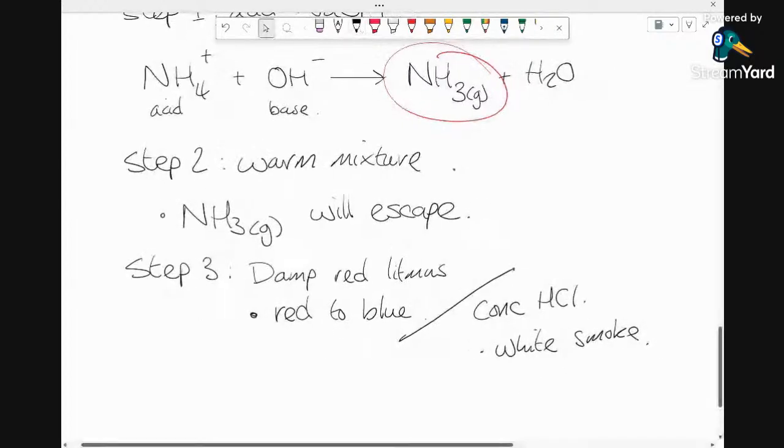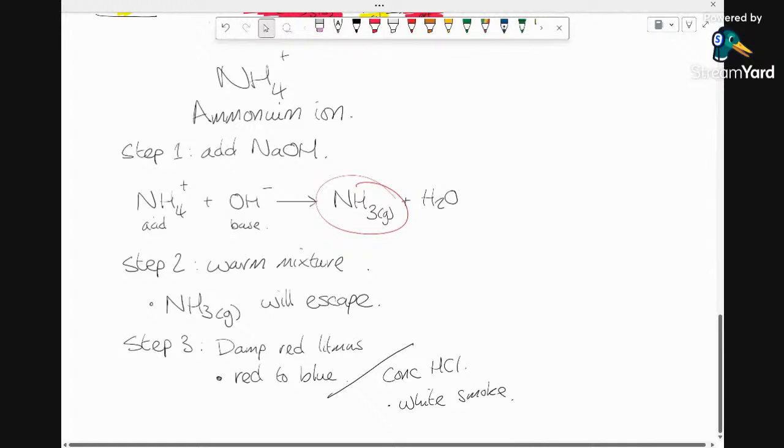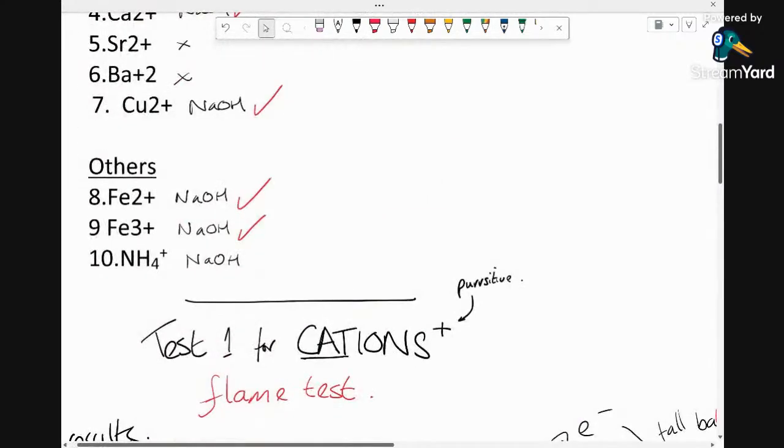So we've got this really interesting process for the ammonium ion, because it links in. There was a reason why I did my gas test first, by the way, and this is why. There's no point in doing this lesson without you knowing your gas tests. Okay, so my sodium hydroxide test is done for the ammonium ion, which is great.